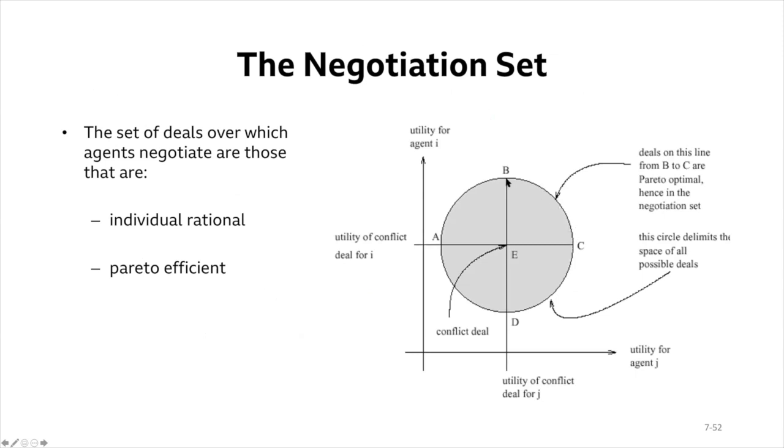So it's Pareto efficient, it's individually rational for both agents, but it's also what's called product maximizing, which means that, roughly speaking, you're going to get outcomes that are on that diagonal there, in which the benefits of negotiation are fairly divided between the two agents. So it's a fair protocol in the sense that it divides the benefits of negotiation reasonably between the agents.